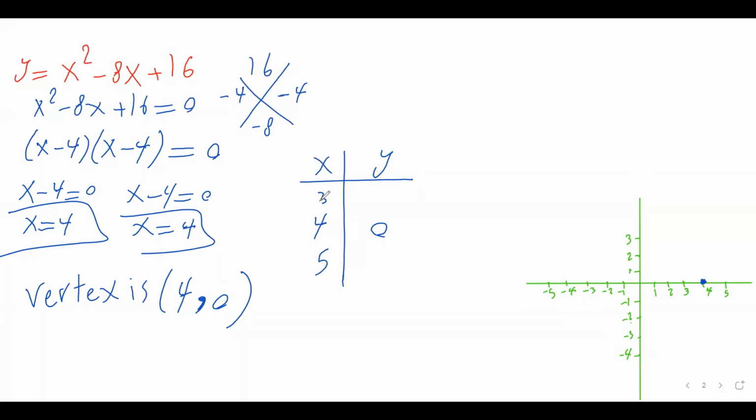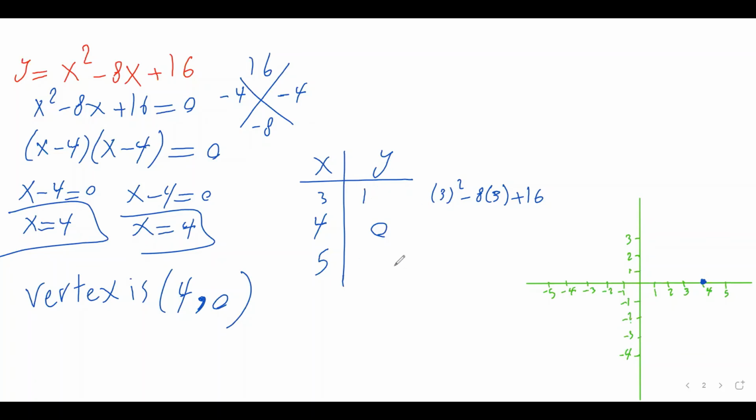If I plug in 3 for x into this equation, what do I get? 3 to the power of 2 minus 8 times 3, plus 16. That's 9 minus 24 plus 16. That gives me 1.